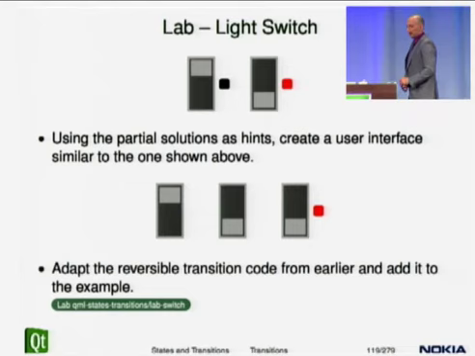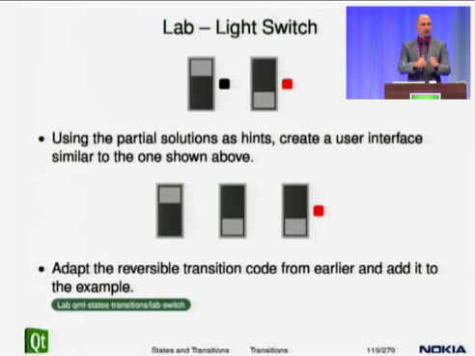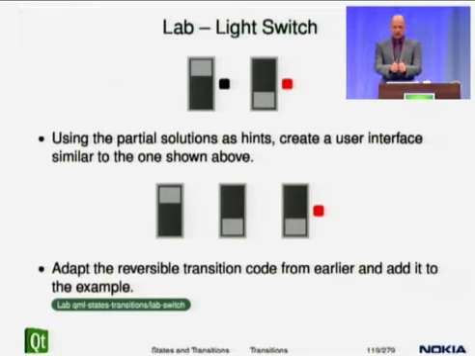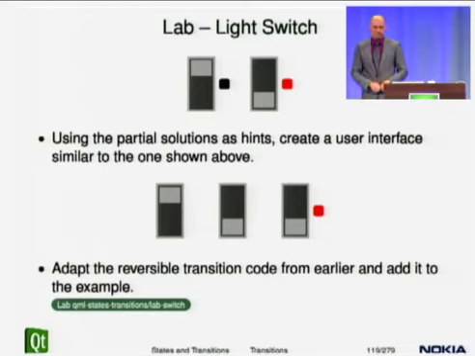Or you have, like I have in my very nice hotel room in this place, this totally complicated switchboard that allows me to toggle all kinds of things. Who's staying in this hotel and has the same? I was quite impressed by this. It's like a little mouse keyboard where you can program the light and whatever in the room. So even light switches can get more complicated than this.